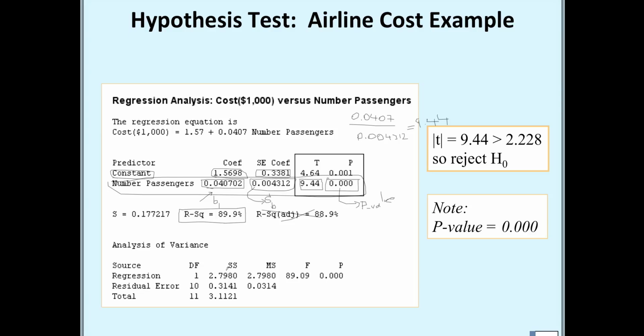Some other thing I want to discuss is that SSE, SSYY, and SSR are given to you. This is SSR. This is SSE.